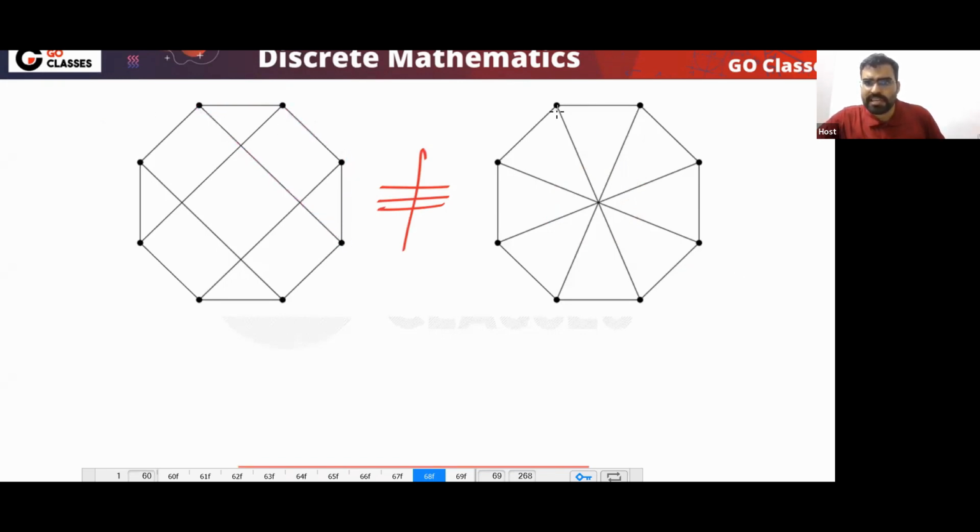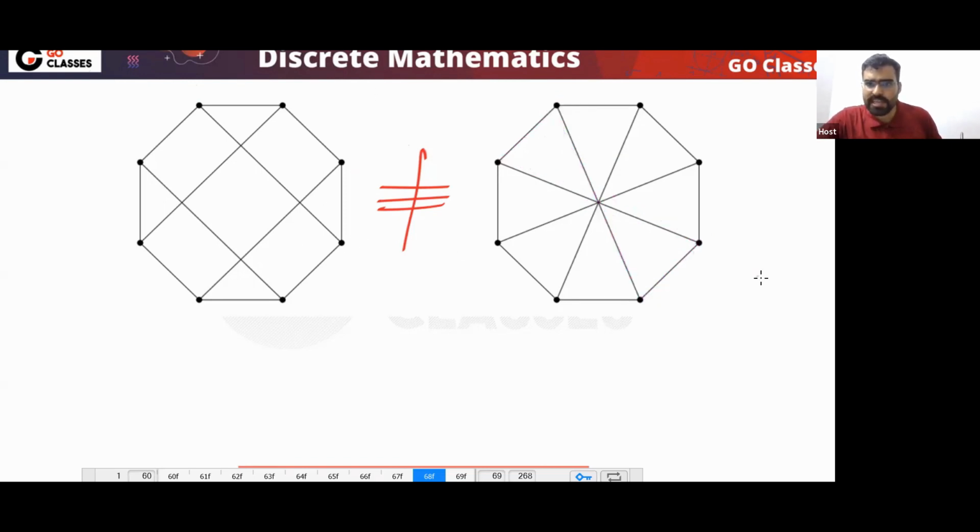Do we have a 4-length cycle here? Can I create a 4-length cycle? Yes, this is a 4-length cycle. You can go from here to here, here to here, here to here. So this is a 4-length cycle.